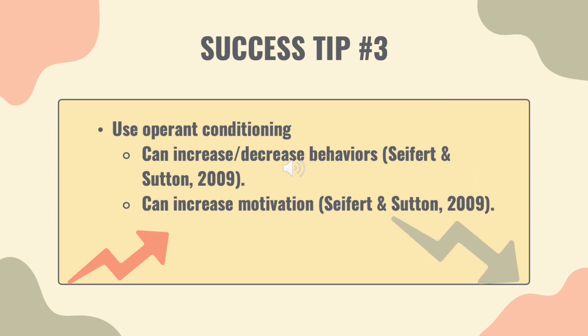My third success tip is using operant conditioning as an educational audiologist. Using this tool can actually be your best friend. Operant conditioning was created by B.F. Skinner. It is on the behavioral perspective side. I know I was just talking negative about it, but there are positives to it as well. And so this belief just means that using reinforcements can increase or decrease behaviors, and it can also increase motivation.